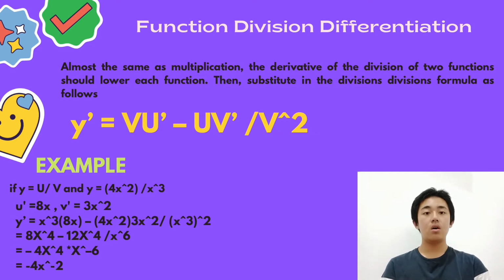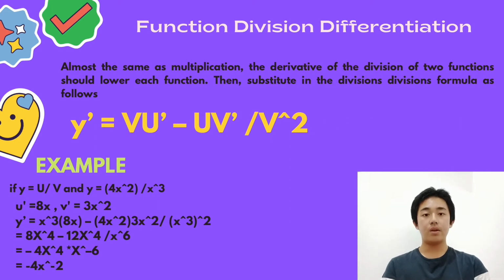And for v prime it is 3x squared, because for x cubed, we bring it down, so 3 times x gets 3x, and the power number we minus with 1, it equals 2, so 3x squared. And we follow the formula.